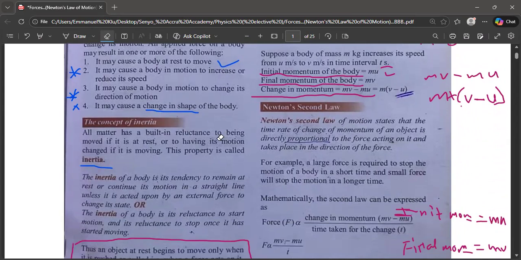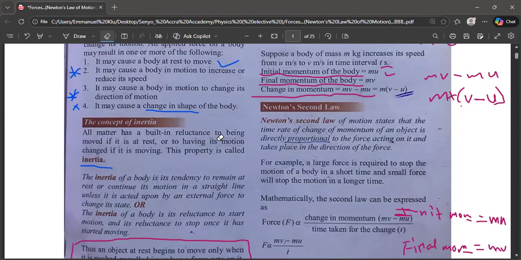Newton's second law of motion states that the time rate of change of momentum of an object is directly proportional to the force acting on it and takes place in the direction of the force. For example, a large force is required to stop the motion of a body in a short time, and a small force will stop the motion in a longer time.